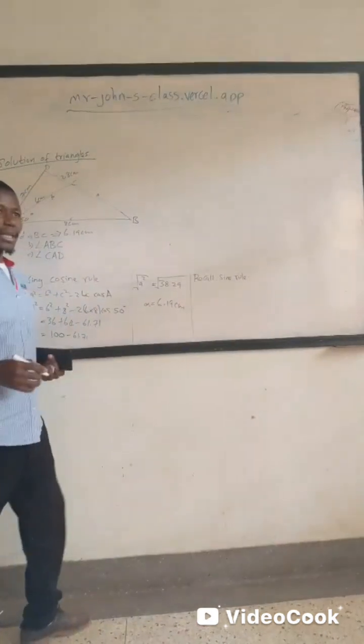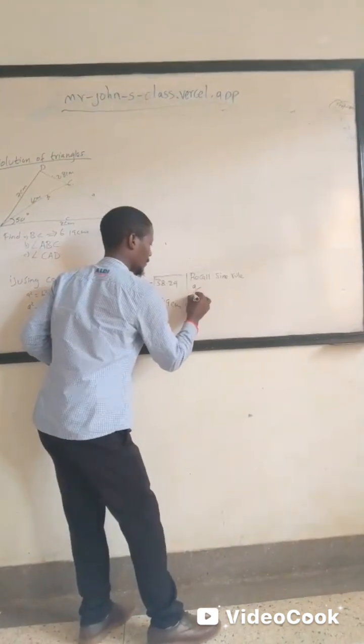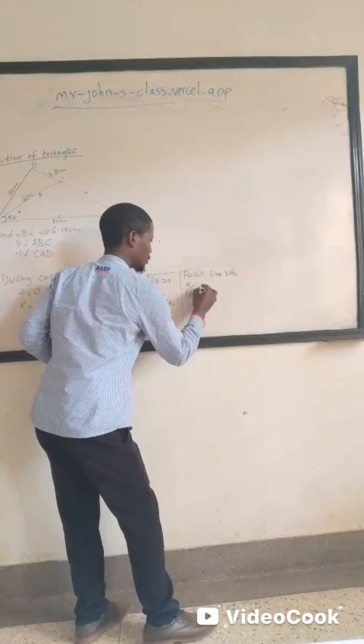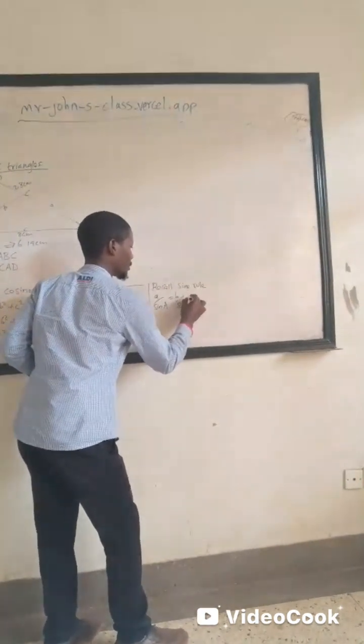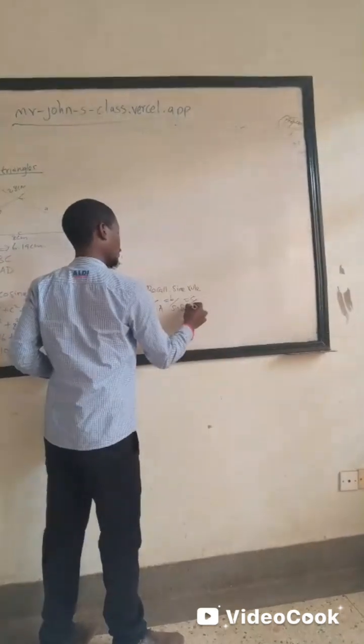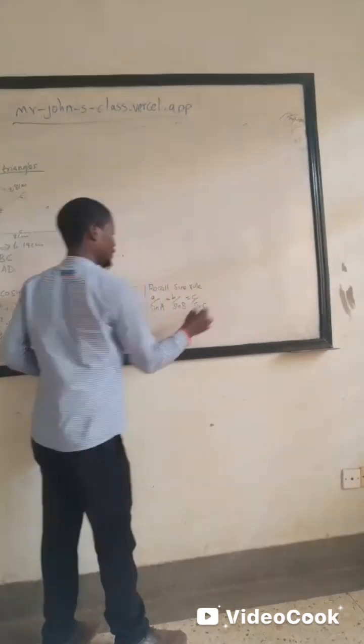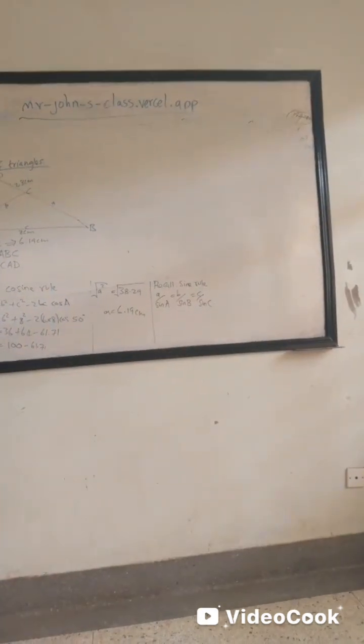The sine rule states that a over sine A should be equal to b over sine B should be equal to c over sine C. We must remember that.